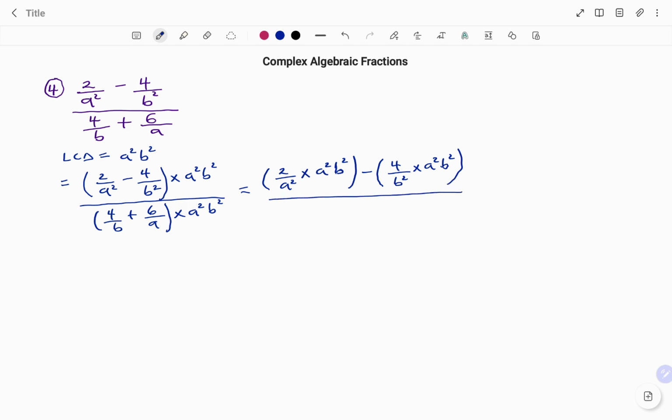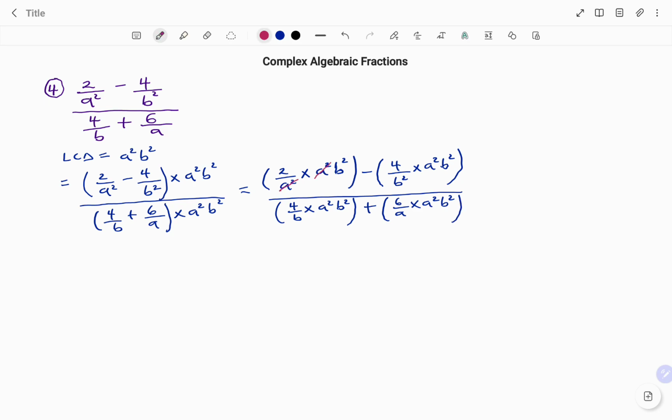For our denominator, we have 4 over b multiplying the LCD, a squared b squared, close bracket, plus we have 6 over a multiplying the LCD, a squared b squared. The next step is to simplify.